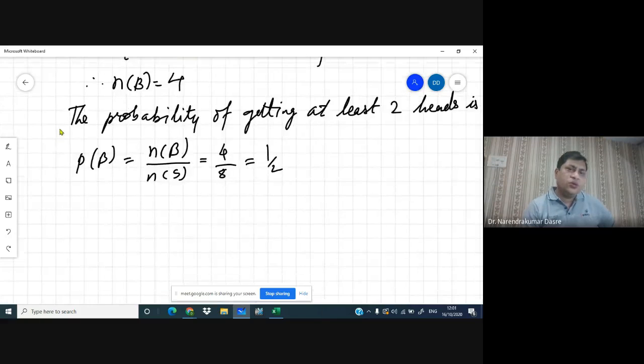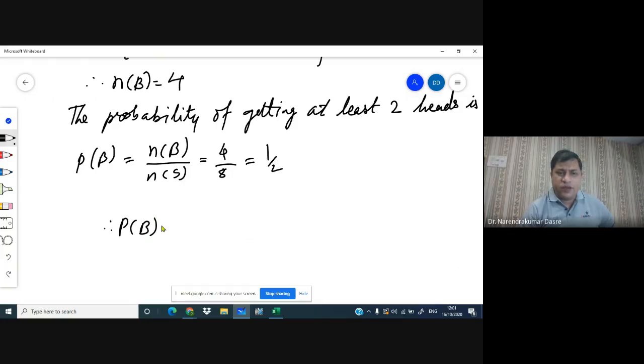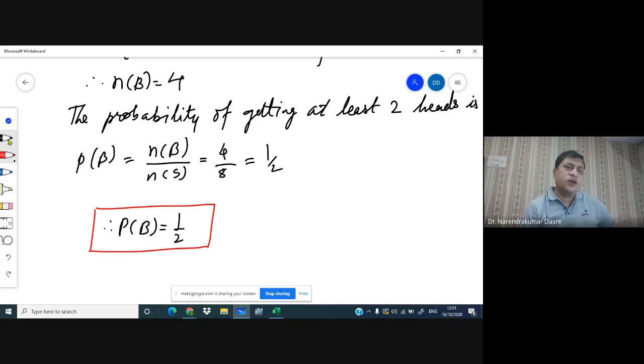Okay, so whenever required, then only convert this to decimal places, otherwise let it be in the simple fraction. Okay, and hence we get here the probability of the event is half. Okay, so this way we are able to calculate the probability of this event B.